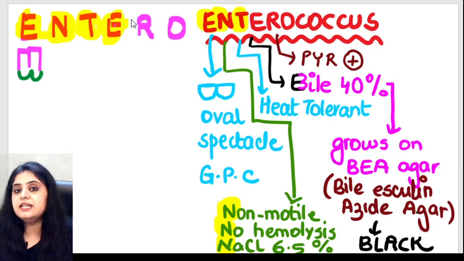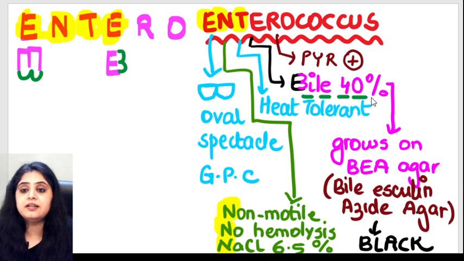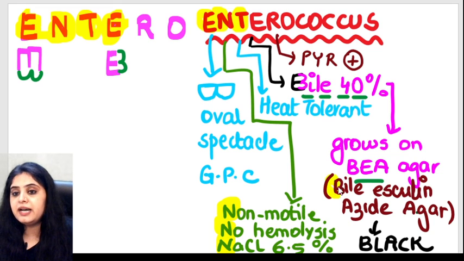Next, what is with E? Again, this E I'm going to change into a B, and now this time I'll say it can grow in 40% bile. For that matter, you know the agar that we use is bile esculin azide agar. It grows in a medium with bile and gives black colonies.